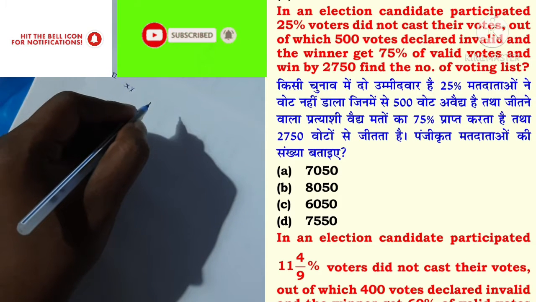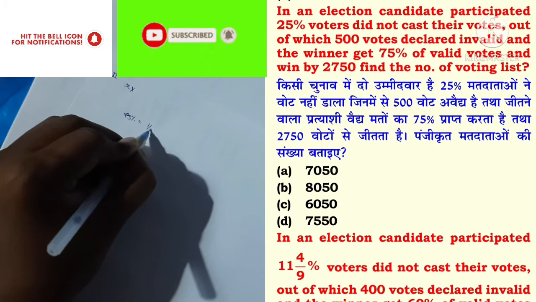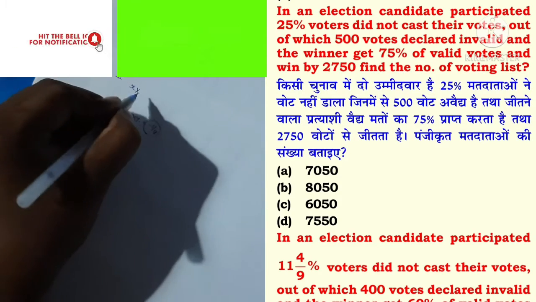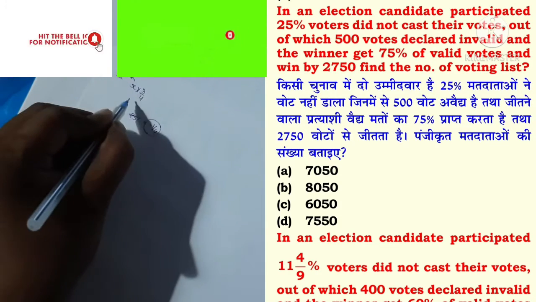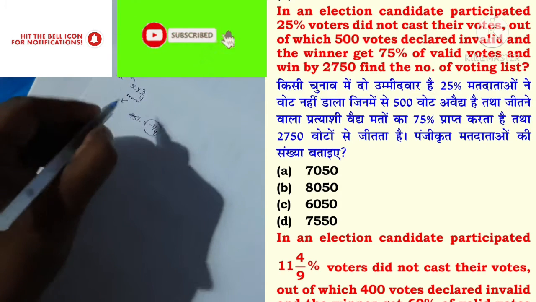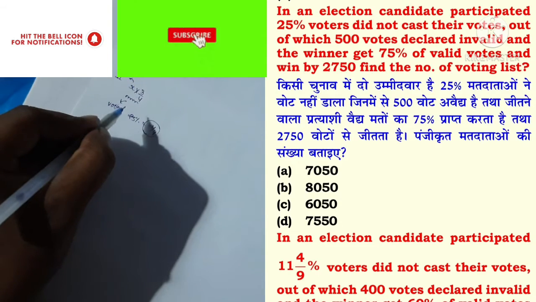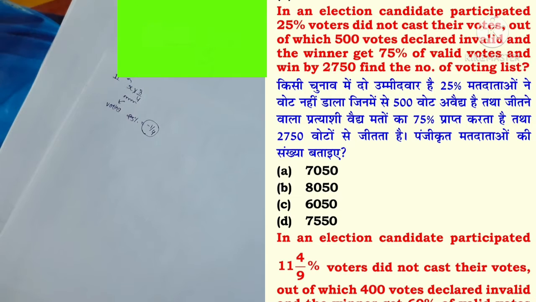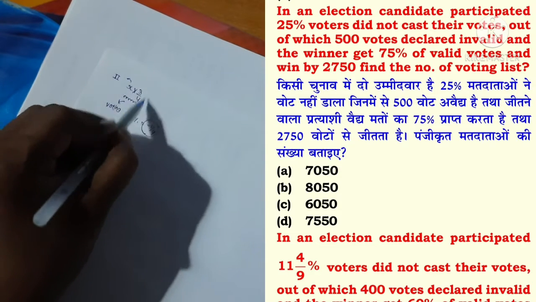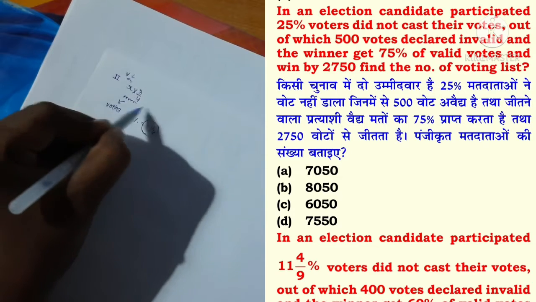Let me redo this with fractions. 25% of voters did not cast their votes. 25% is equal to 1 by 4, so voting is 3 by 4. So x is the total voting list, and x into 3 by 4 is the voting.